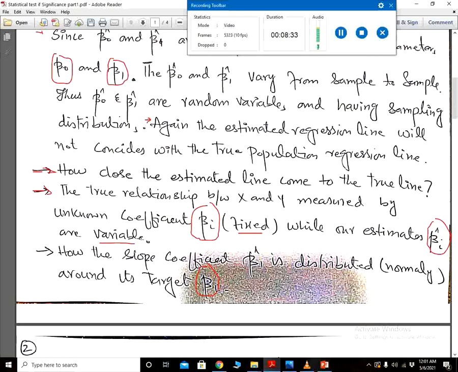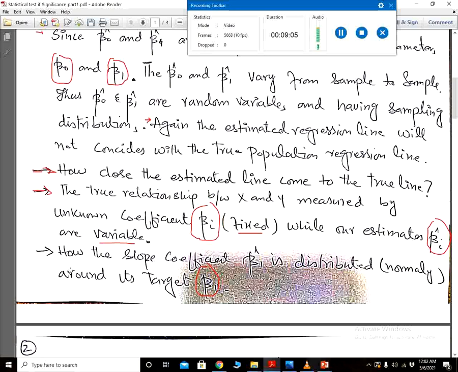How is the slope coefficient beta 1 hat distributed normally around beta 1, the mean of all the beta 1 hats? That is how we calculate the mean of beta 1 hat: we take all possible samples from the population and calculate the beta 1 hat values for all the samples. We have n number of beta 1 hats, we sum all the beta 1 hats and divide by n, and we get the mean of beta 1 hat, which will be equal to beta 1, the true population parameter.